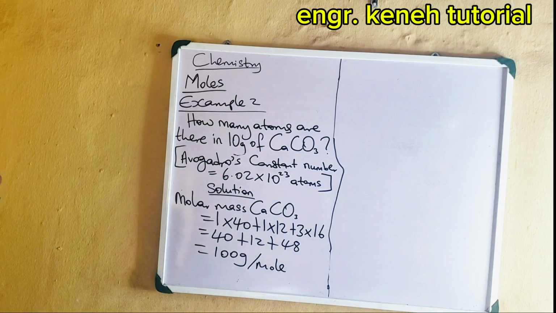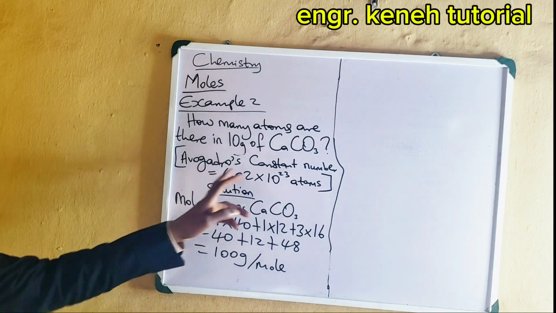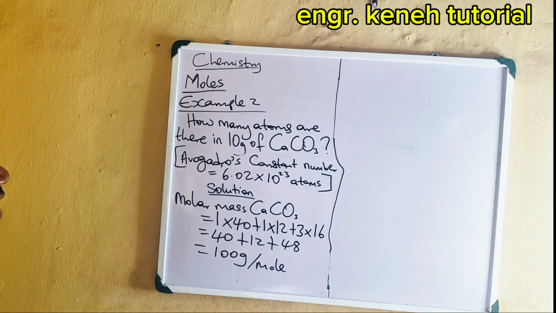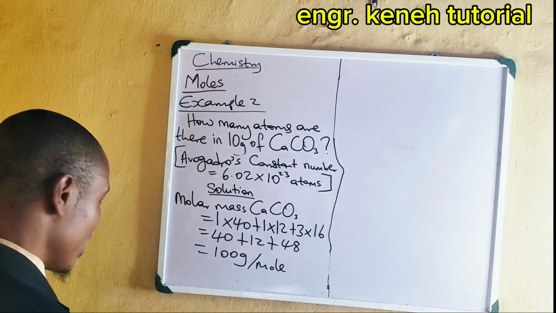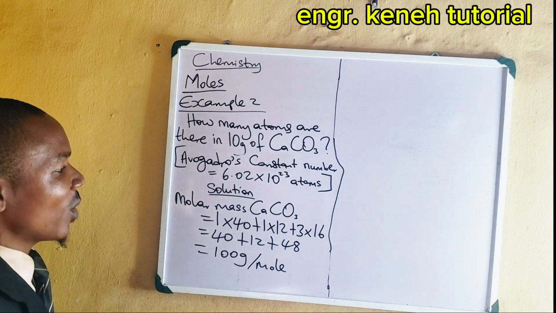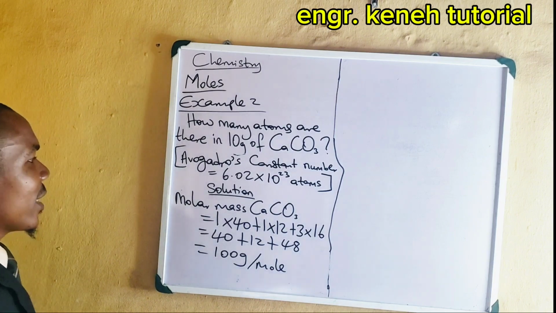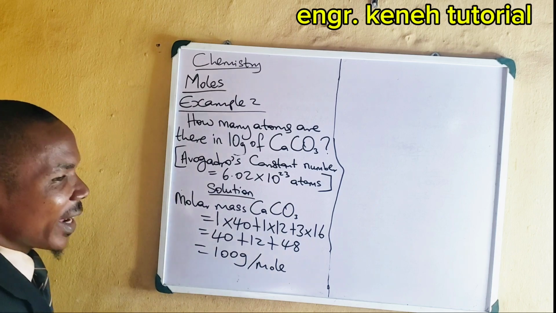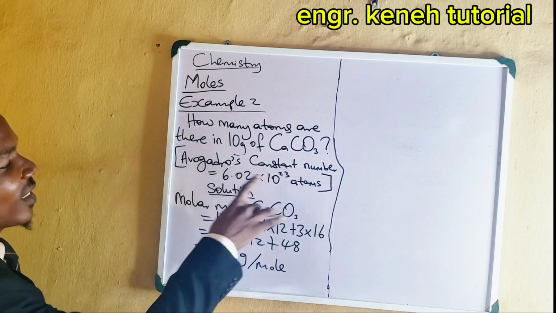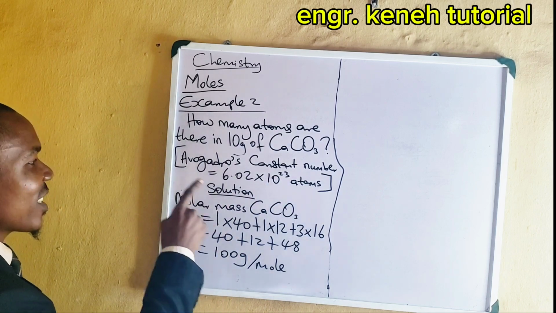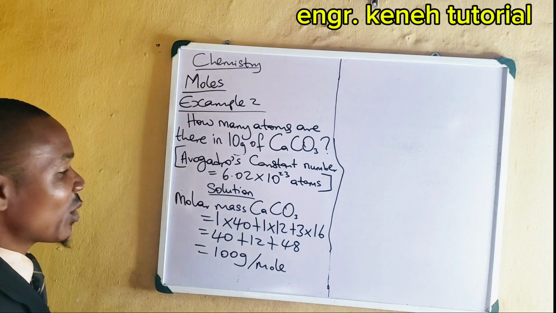All right, so we know that Avogadro's constant is equal to 6.02 times 10 raised to power 23. All right, so 1 mole of any substance contains this Avogadro's constant.